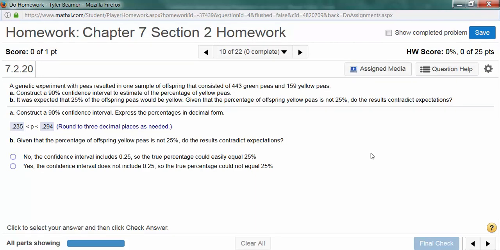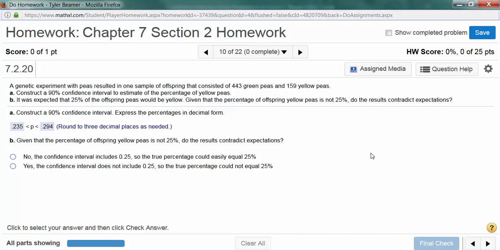And then part B asks you to infer your answer back to the problem. So given that the percentage of offspring yellow peas is not 25%, does the result contradict the expectations? So we've got no, the confidence interval includes 0.25, so the true percentage could easily be equal to 25%.